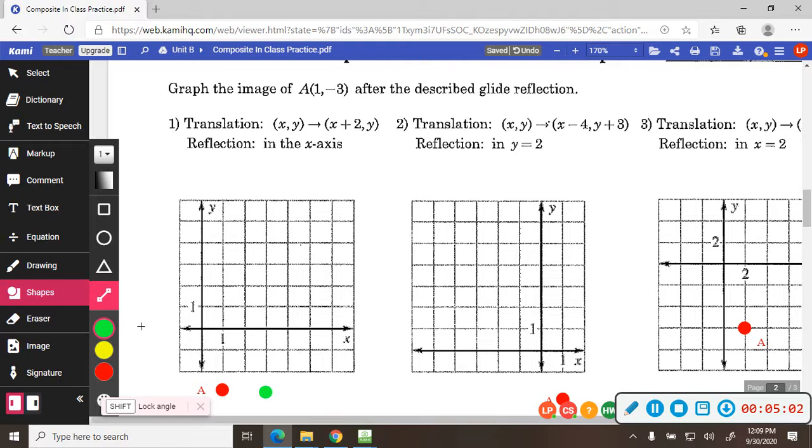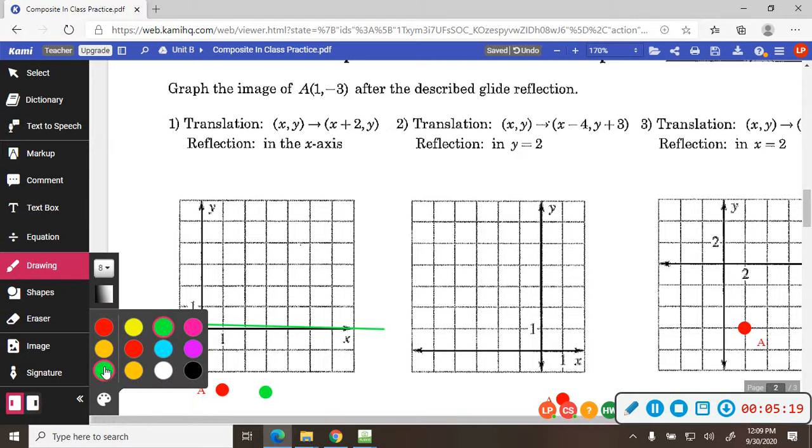So the x-axis is this one. So if I reflect, it'd be 1, 2, 3. It'd be 1, 2, 3. So then I would put my new coordinate right there.